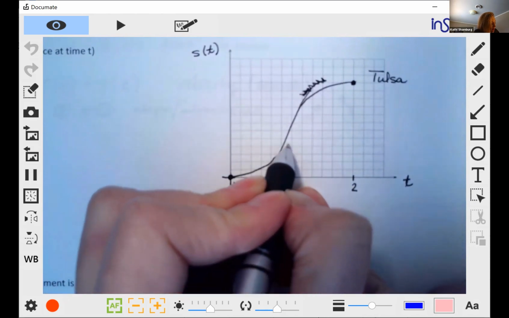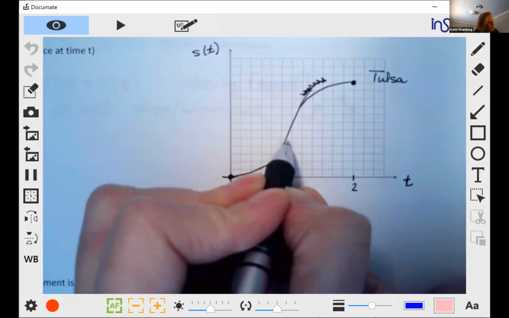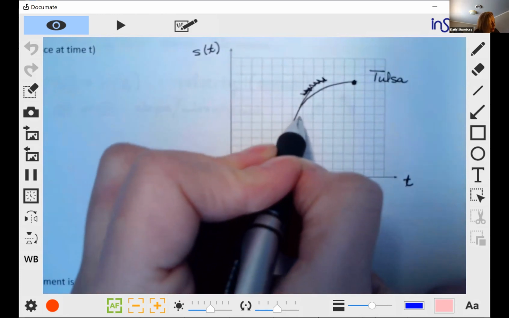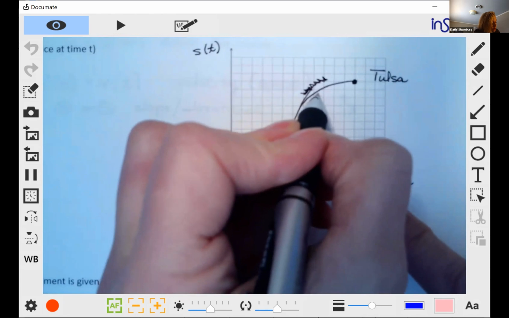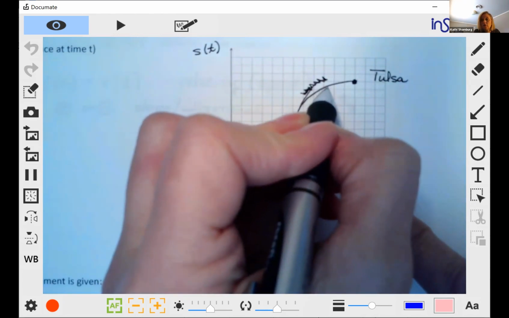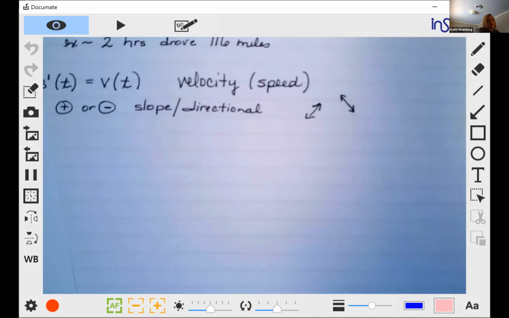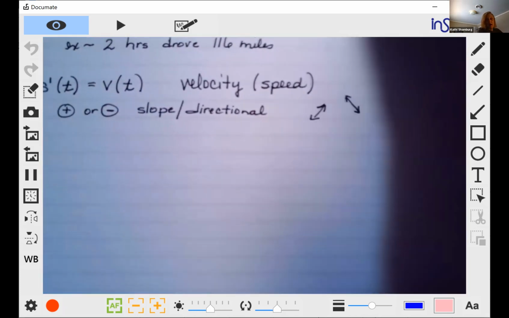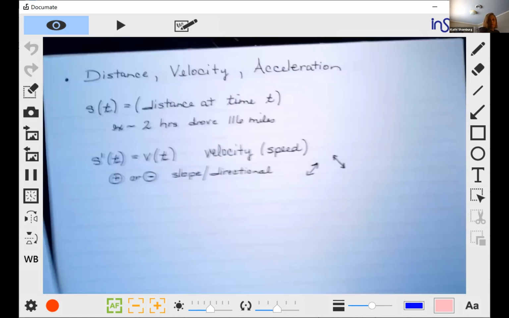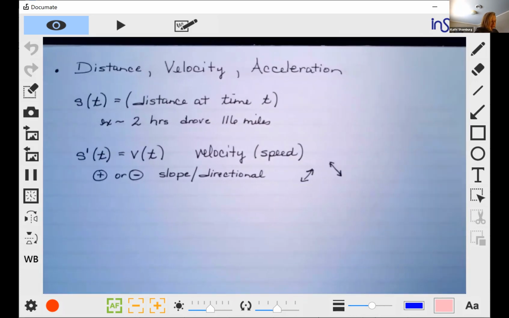At 1 hour, I'm driving on the interstate, so I have a higher speed. And then as I get to Tulsa, my speed's going to slow down because now I'm back in town. So that's what we're talking about as far as our picture goes, or our graph.